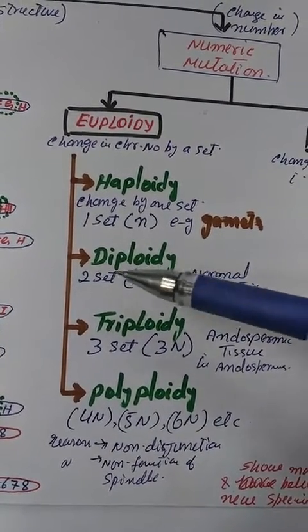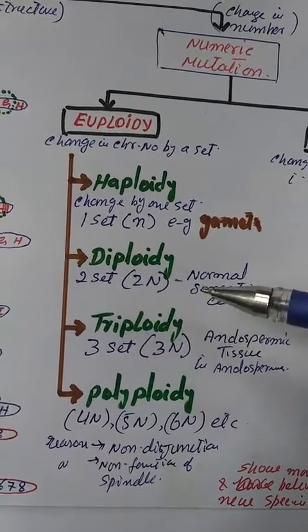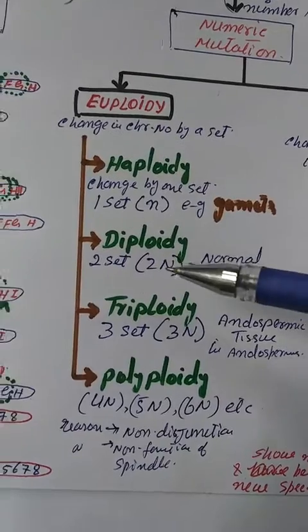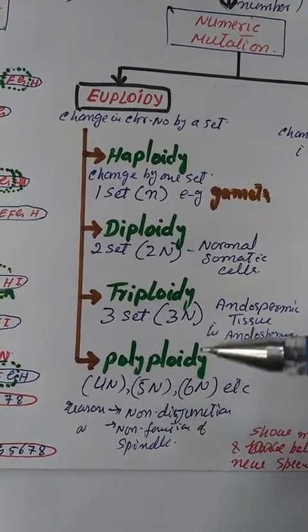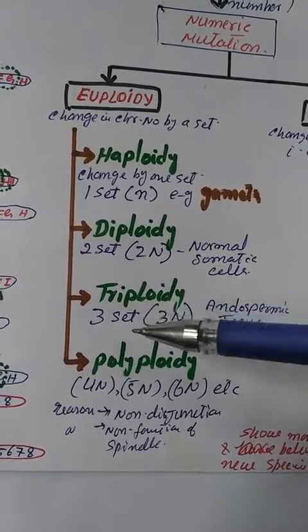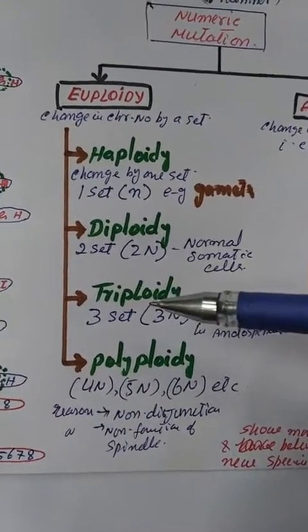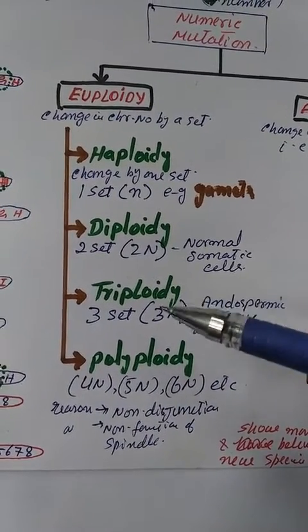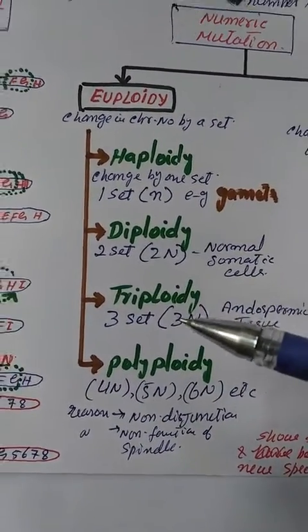It indicates two sets of chromosomes, and this condition occurs in normal somatic cells. Then there is triploidy. In triploidy, there are three sets of chromosomes represented by 3N, and this condition is seen in endosperm tissue in endospermic plants.